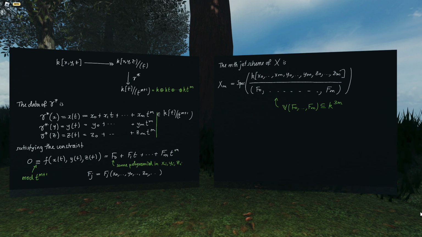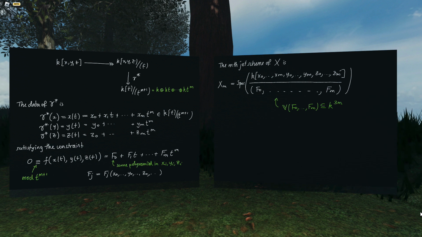The constraint is, on the right-hand board, that these equations all vanish, but that is what we agreed is exactly the constraint for this. Giving me some data like this, specifying xt, yt, and zt, just gives me a k-algebra homomorphism like that. To get it to factor through the quotient, I need to know that it satisfies some constraint, and that constraint is, when you unpack it, exactly that these fi's vanish.